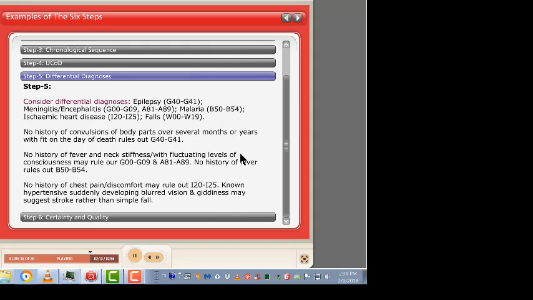No history of fever and neck stiffness with fluctuating levels of consciousness may rule out G0 to G9 and A81 to A89. No history of fever rules out B50 to B54. No history of chest pain, discomfort may rule out I20 to I25. Non-hypertensive, suddenly developing blurred vision and giddiness may suggest stroke rather than simple fall.